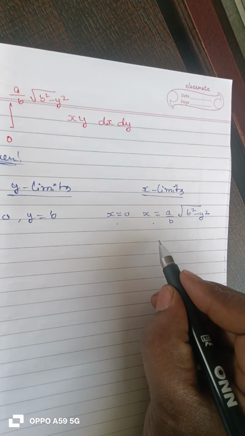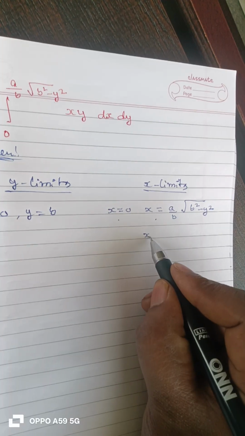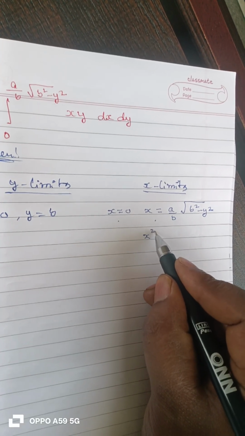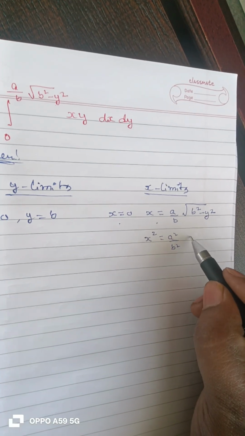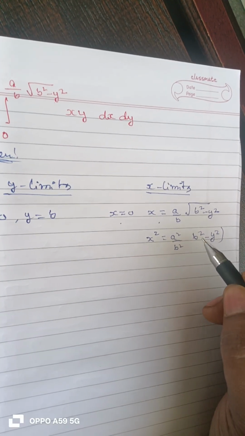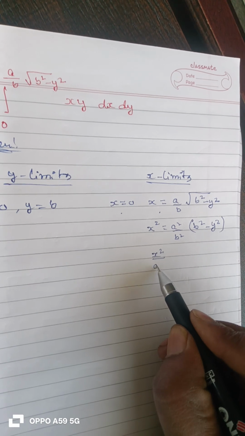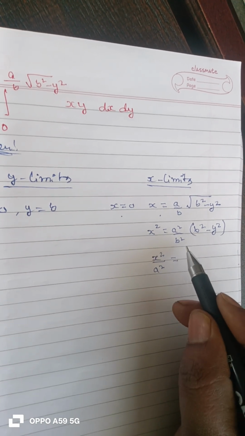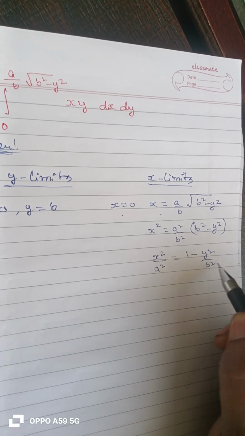If you do the simplification, squaring both sides, this becomes x square is equal to a square divided by b square times b square minus y square. Now a square, if we take it into the denominator, then 1 by b square, if we multiply inside, 1 minus y square by b square.